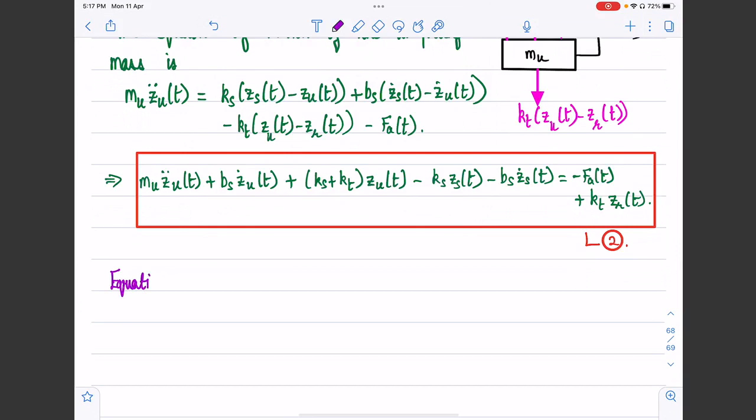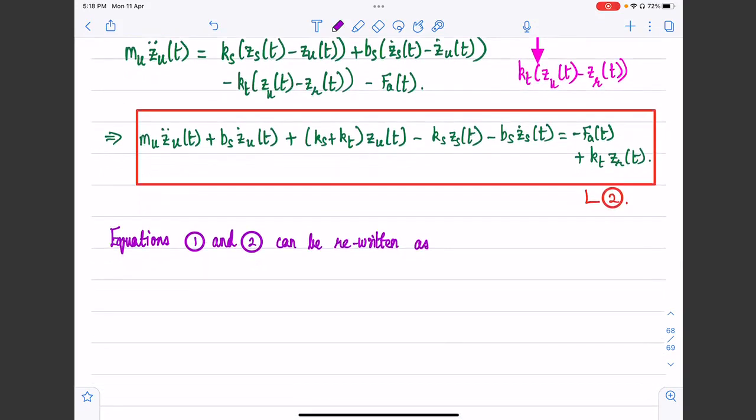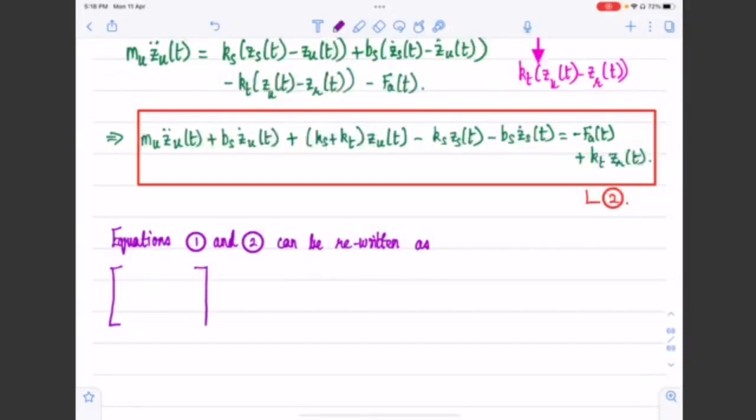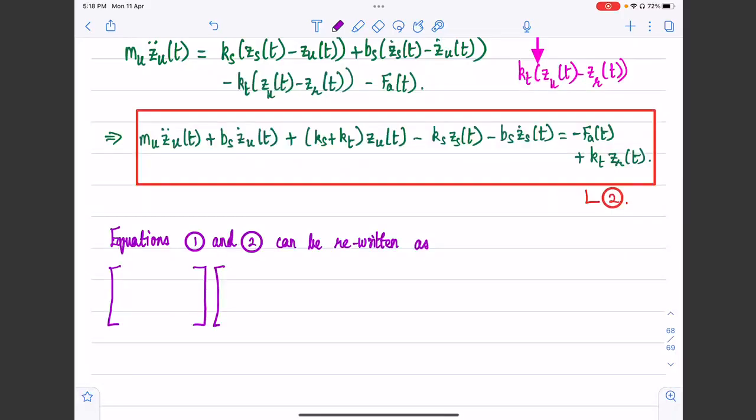Equations 1 and 2 can be rewritten or expressed as the following. We are going to collate terms. First, we will collate the inertia terms, which involve the acceleration, so we'll have the Zs double dot and Zu double dot terms.